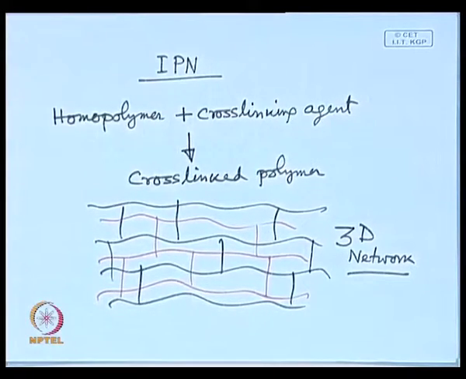Suppose you consider this room: if there are wires, ropes or filaments suspended from the ceiling to the floor, and again filaments extended from one wall to the other wall, this way and this way, and if there are knots at the crossover points, then that is a 3-dimensional network of one thread. Okay.